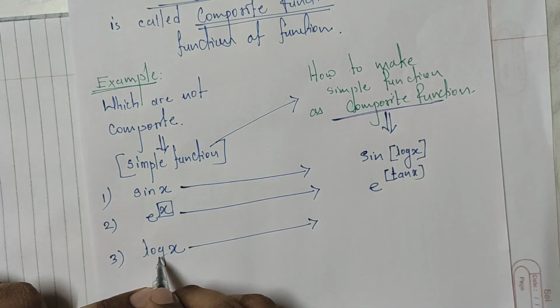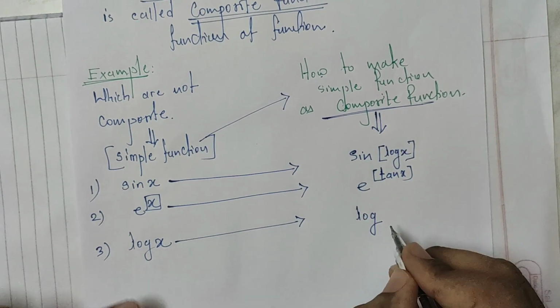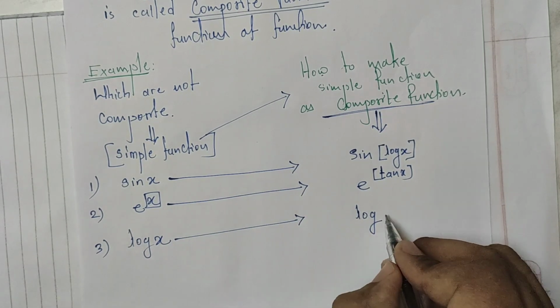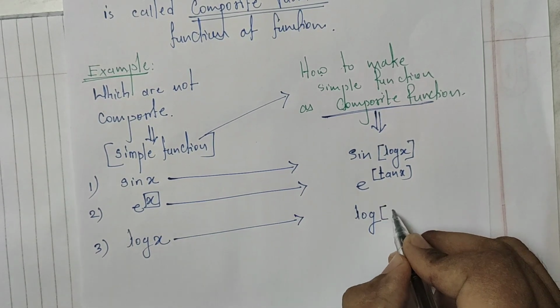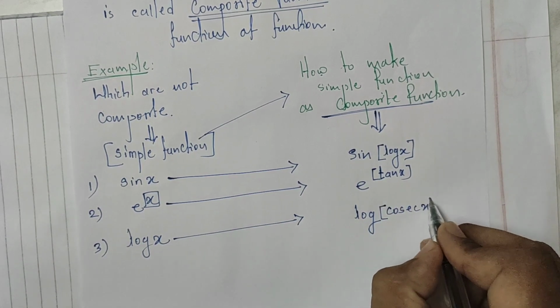Third, log x. How to make log x composite? First of all, log as it is, then x is replaced by any other function, whatever you want, say log of cosec x.